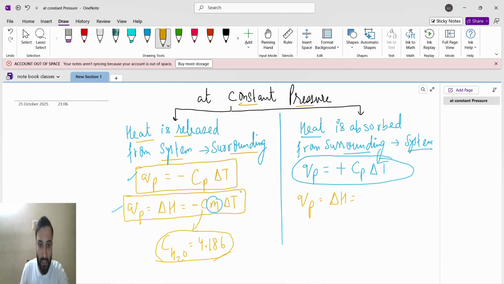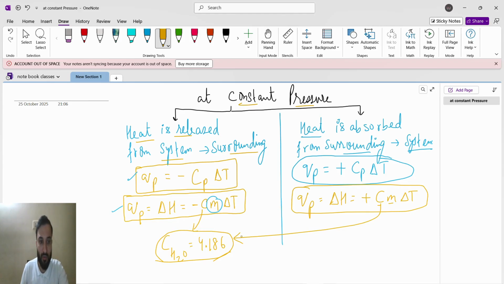Then the same thing will happen: in place of minus, it will be plus C into M into delta T. C is the specific heat capacity of water. M is the mass of the water.